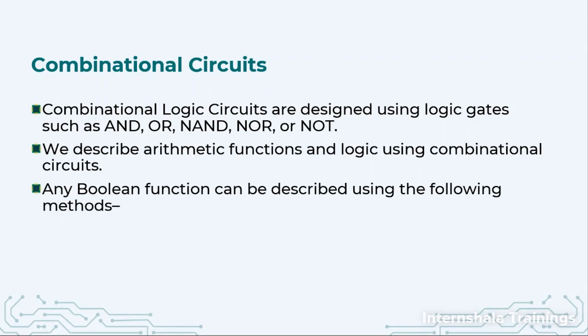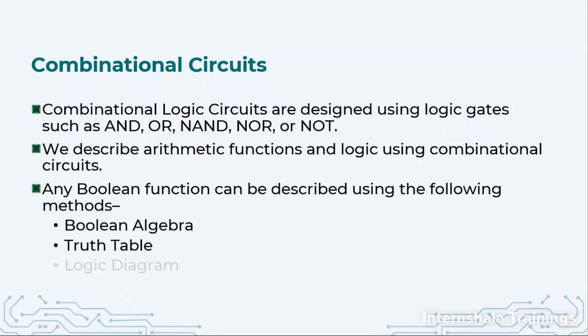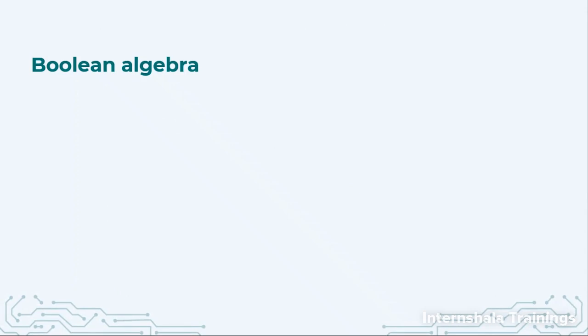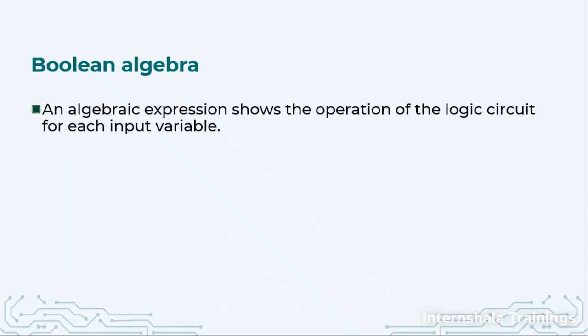Any Boolean function that we have can be described by the following three methods: using Boolean algebra, truth table, and logic diagram. Let us discuss these three methods in detail. So when we talk about the Boolean algebra, it is having Boolean expressions and Boolean operations.